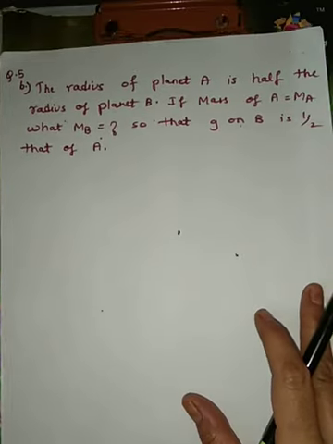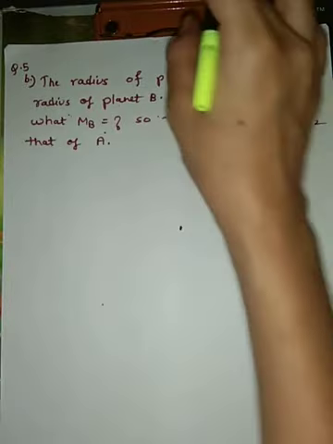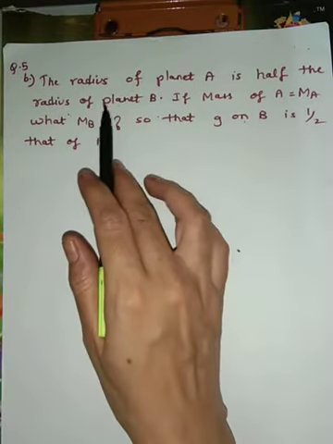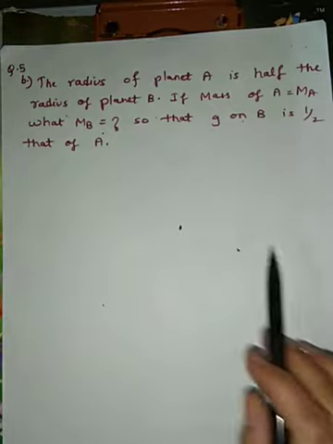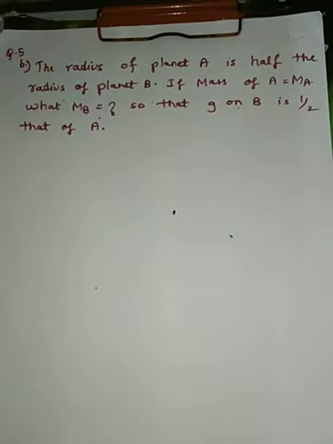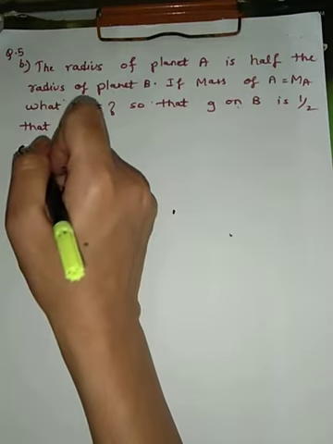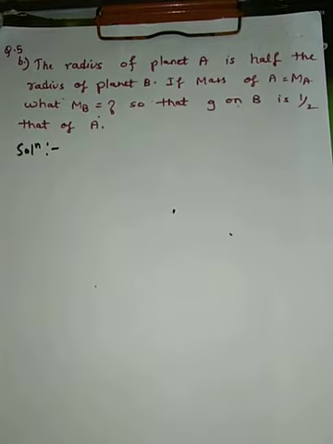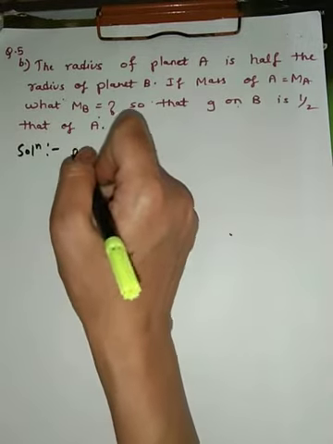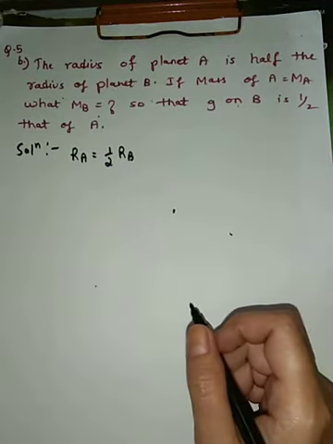Now there is one sum in our exercise, question number 5b. The radius of the planet A is half the radius of the planet B. So in the solution, what I will note? The radius of planet A I will take as RA. It is given that this is half the radius of the planet B, right?